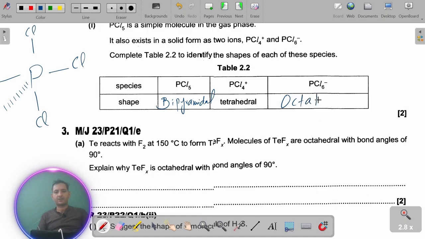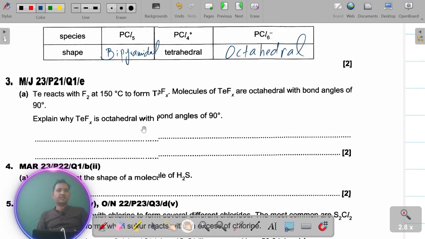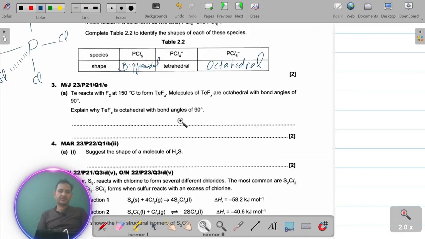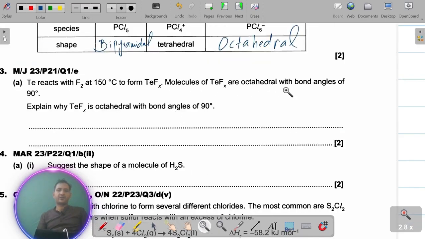E reacts with F2 at 150 to form TF6. Now the question is, why is TF6 octahedral with a bond angle of 90?